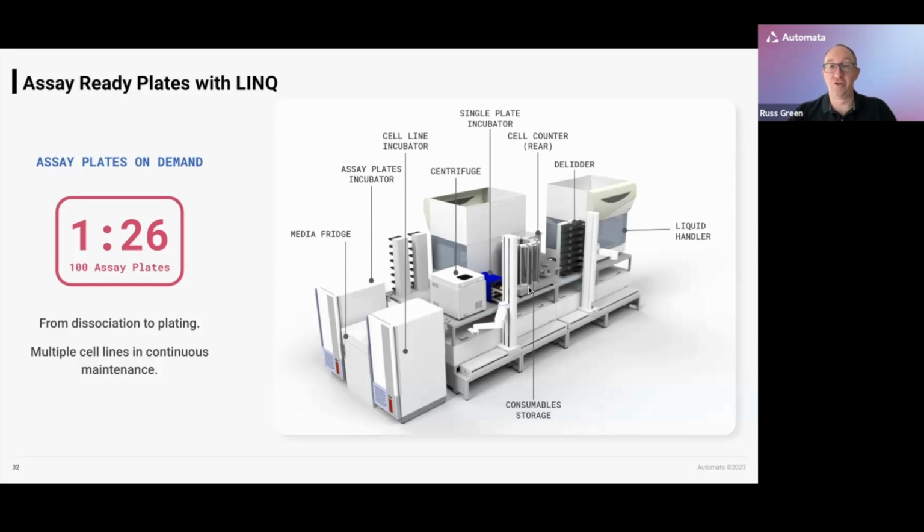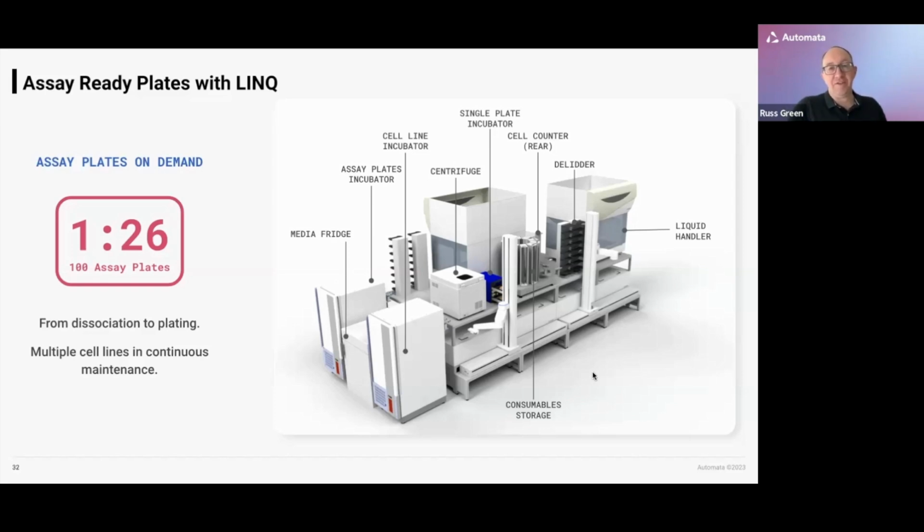We have ambient consumable storage, some small incubators just for handling some of those cell treatments for dissociation, and a centrifuge. We also have 2 large capacity Liconic incubators here, one for handling our input cell lines and one for handling our output assay plates, so kind of an in and out incubator scenario. And between those, we house our media fridge.